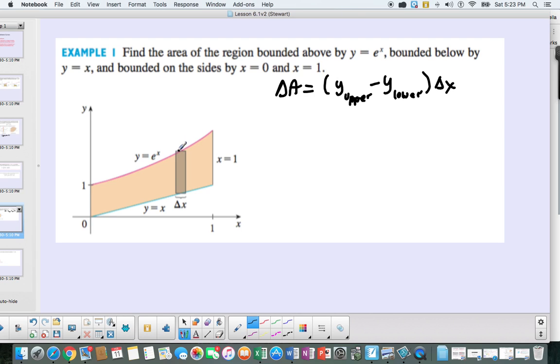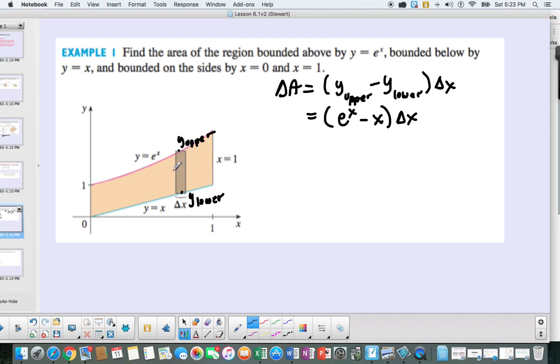So here's my rectangle, y of the upper minus y of the lower. That's going to give the height times the width. Now the upper is e to the x, the lower is x, delta x.